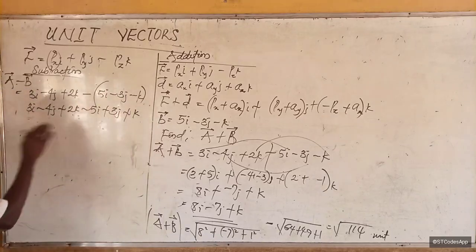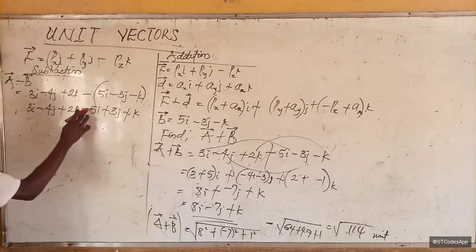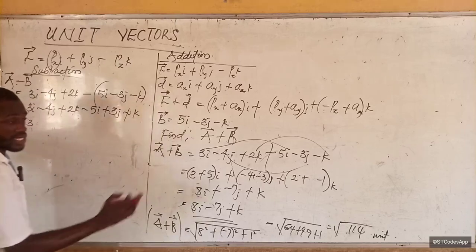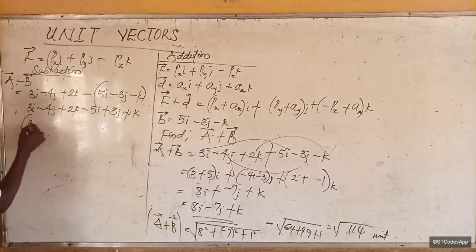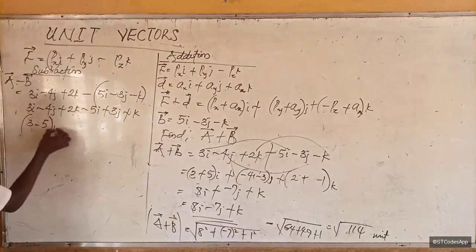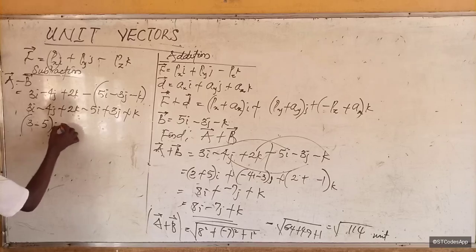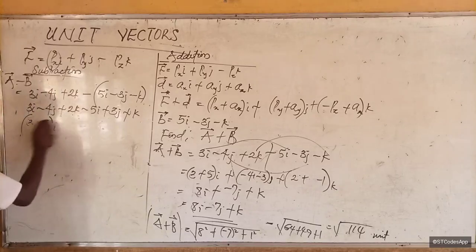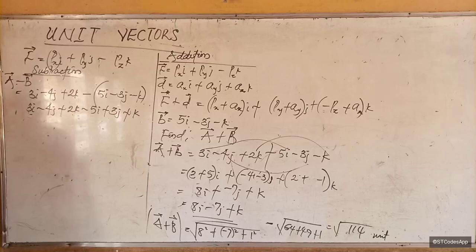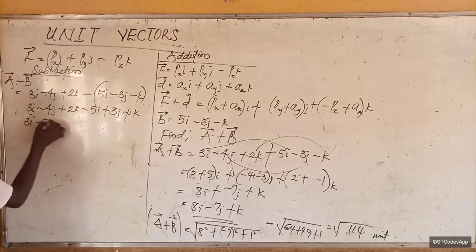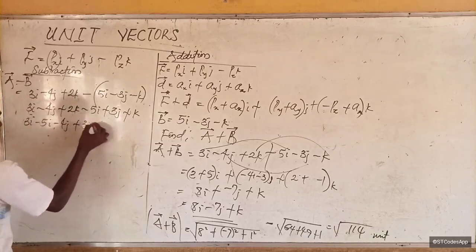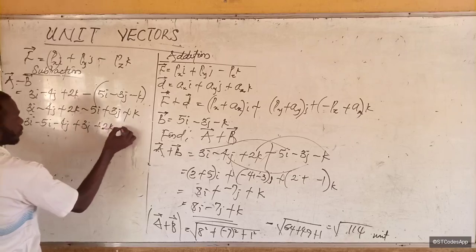Is that okay? Then you now begin what we did the other time, more like collection of like terms. So you can just bring them together this way: 3i minus 5i, minus 4j plus 3j, then plus 2k plus k.